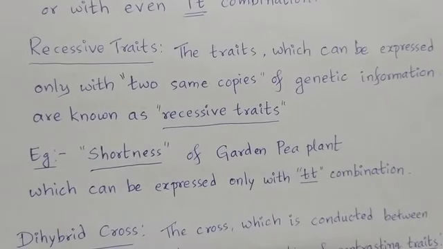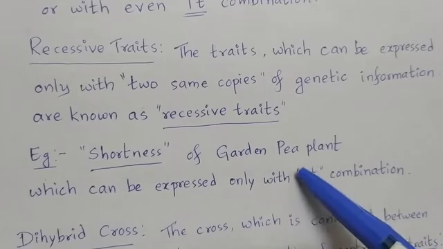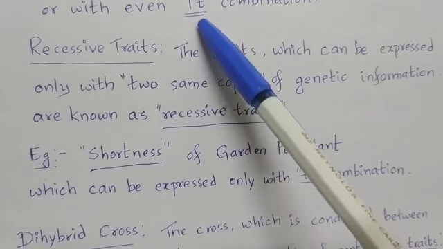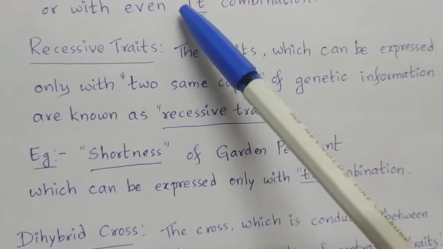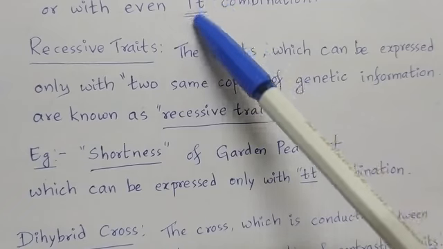Next, recessive traits. The traits which can be expressed only with two same copies of genetic information are known as recessive traits. Shortness of garden pea plant is an example for a recessive trait. This shortness trait can be expressed only with the small t combination. See here, if capital T small t is there, capital T could express itself, but small t could not express itself.